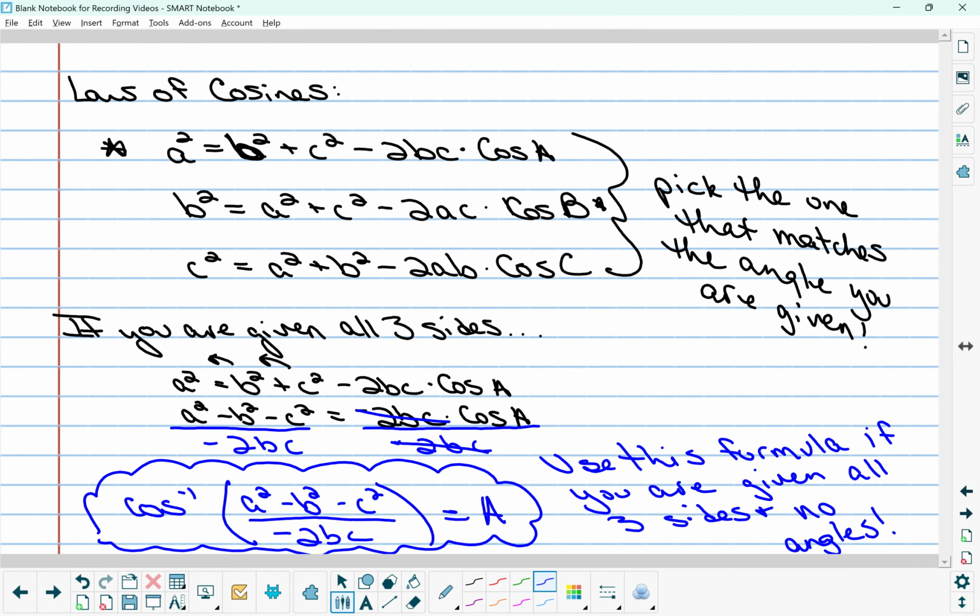And make sure it's a non-right triangle, right? That's important.